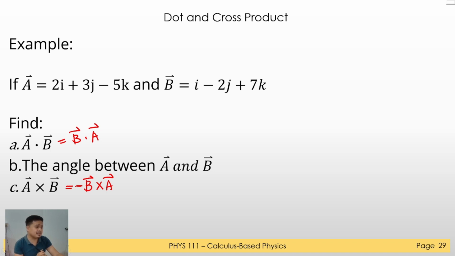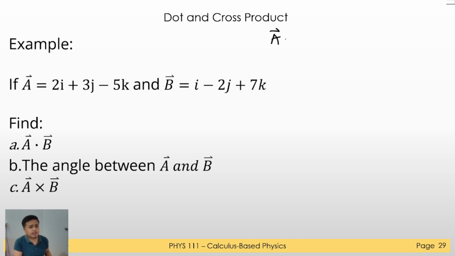Okay, so remember this one as well. So again, dot product is commutative, cross product is sort of commutative, but you have to negate the sign. Okay, so remember this. So I will just erase this for now. So we want to find A dot B.